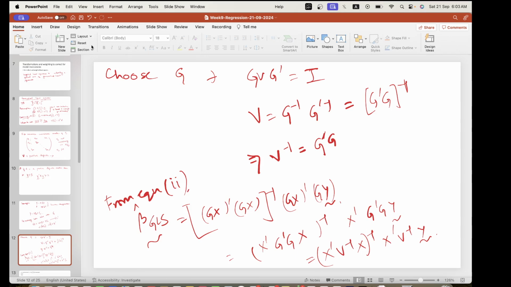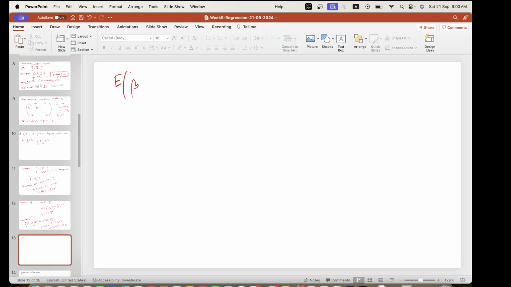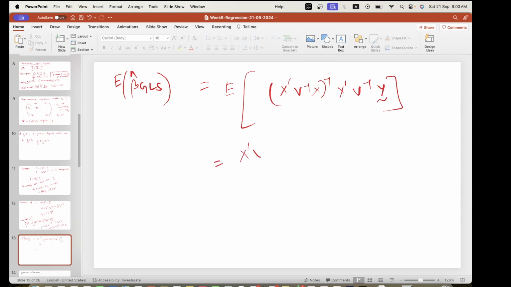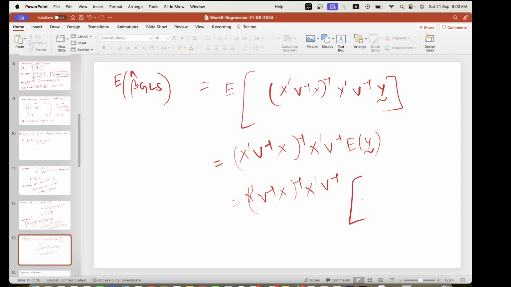Expectation of beta hat GLS is actually equal to expectation of X transpose V inverse X inverse X transpose V inverse Y. So that is equal to X transpose V inverse X inverse X transpose V inverse expectation of Y. Now expectation of Y is X beta plus expectation of epsilon, which is 0.